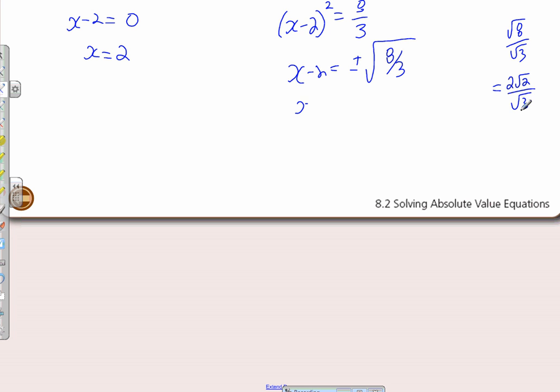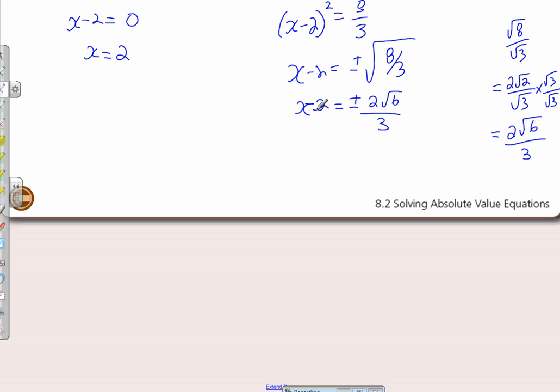Now we rationalize. Multiply by the square root of 3 over the square root of 3. All the different chapters start coming to play here together. Which gives us 2 root 6 over 3. Let's bring that back in. X minus 2 equals plus or minus 2 root 6 over 3. And add the 2 over.